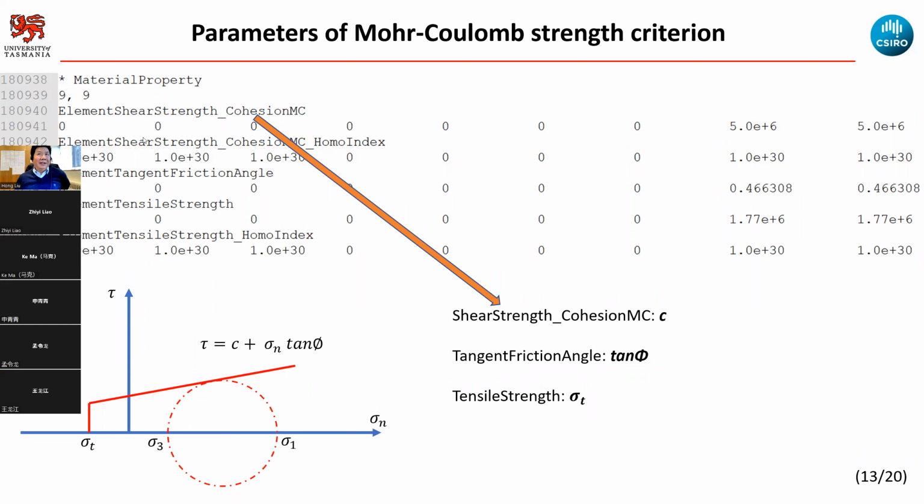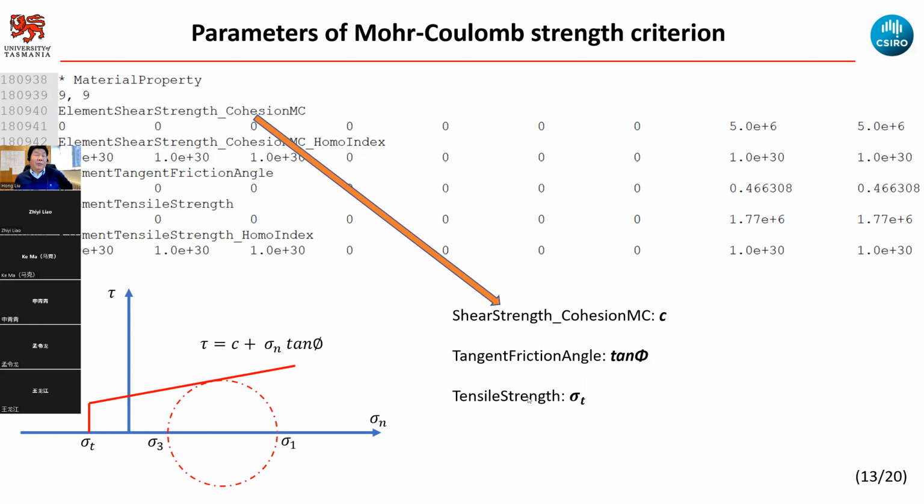Okay, we say here, we are given the material property. So firstly, we are given the material property for the Mohr-Coulomb model. For the Mohr-Coulomb model, we have three parameters: the cohesion, the friction angle, and the tension strength.